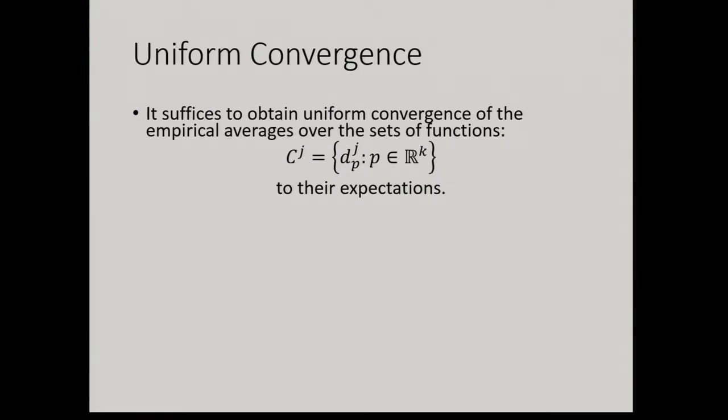And this class of functions is parameterized by price vectors, so the class includes uncountably many functions, one for each price vector. It's going to suffice for us to obtain uniform convergence of the empirical averages over all this set of functions to their expectations.